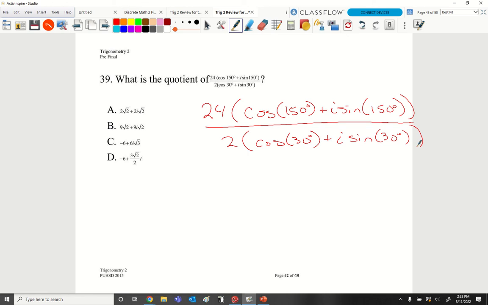That's how you put it in the calculator. But if I'm going to do it by hand, it's a lot easier.